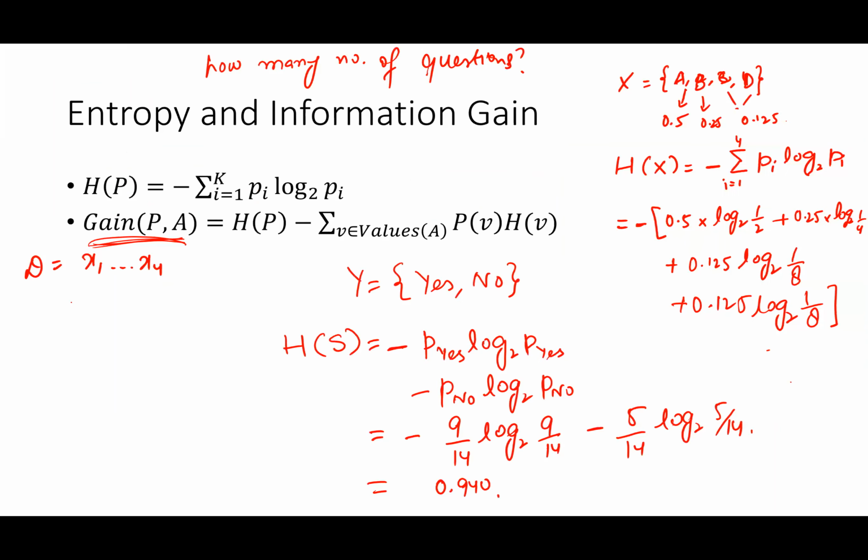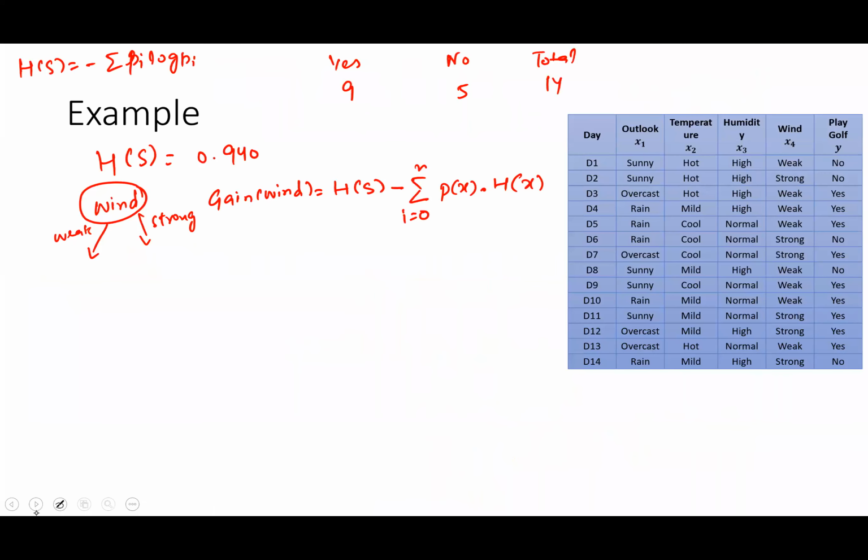So we have to find out what is the entropy of wind equal to weak. Okay, wind equal to weak. What is the entropy of weak wind, and what is the entropy of wind when it is strong?